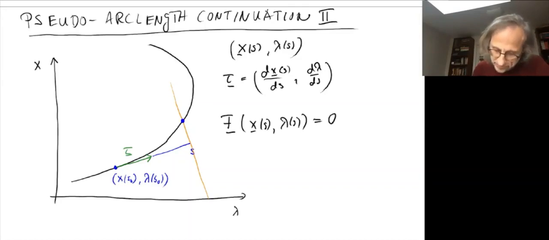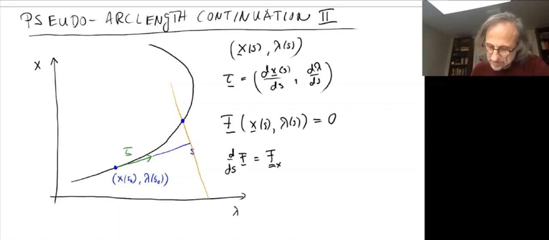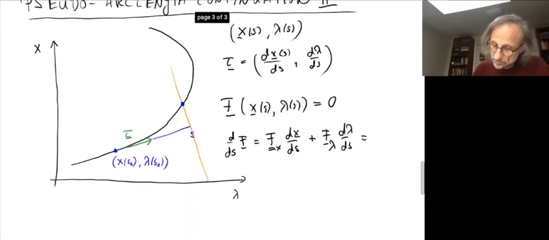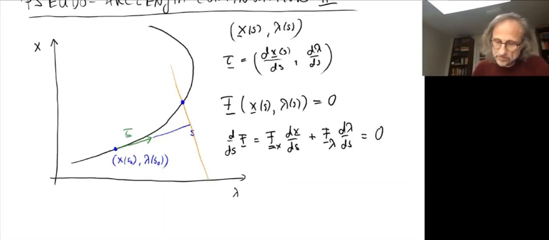And so if you take the derivative of this with respect to s, we get a gradient with respect to x times dx by ds plus the gradient with respect to lambda, d lambda by ds. And this is 0, right? Because all along the branch, f is equal to 0, and so the derivative along the branch must be 0.